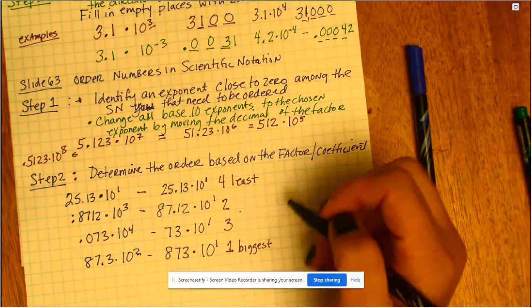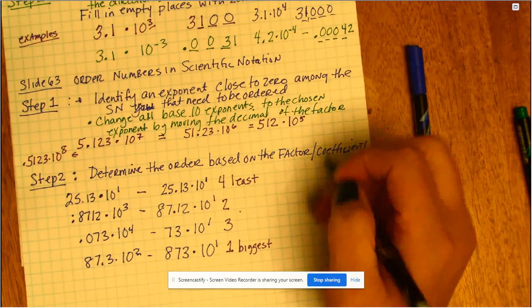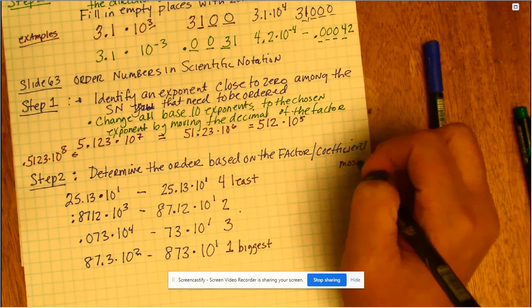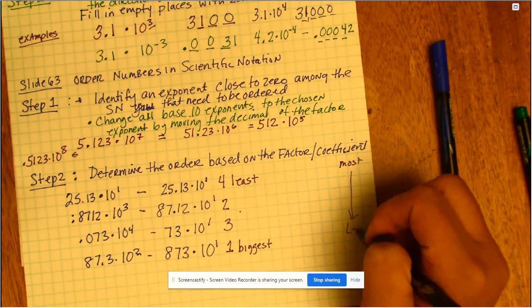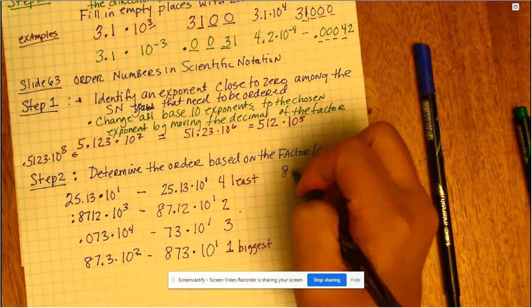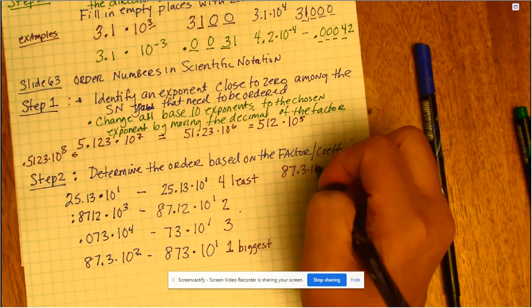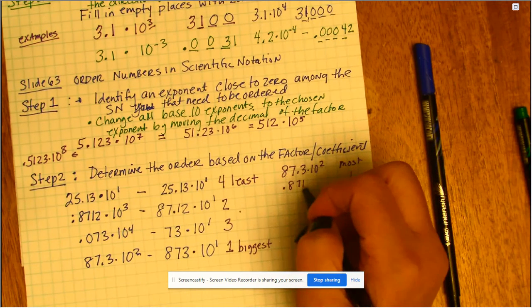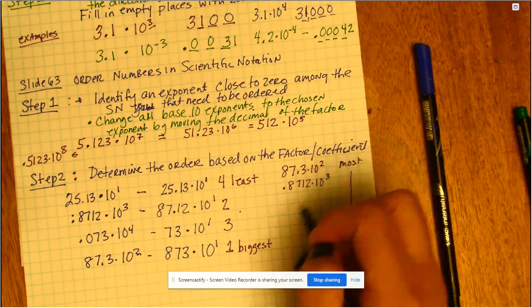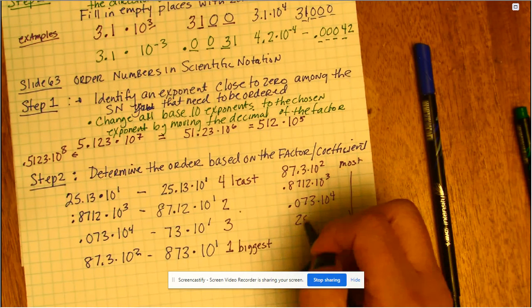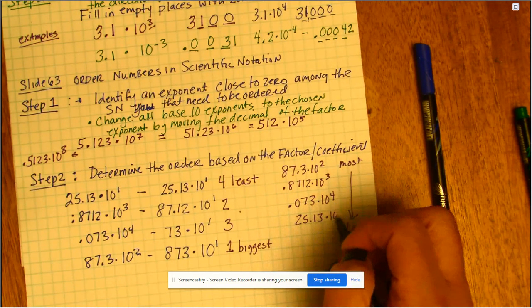So in order, most to least, would be 87.3 times 10 to the second, followed by 0.8712 times 10 to the third, followed by 0.073 times 10 to the fourth, followed by 25.13 times 10 to the first.